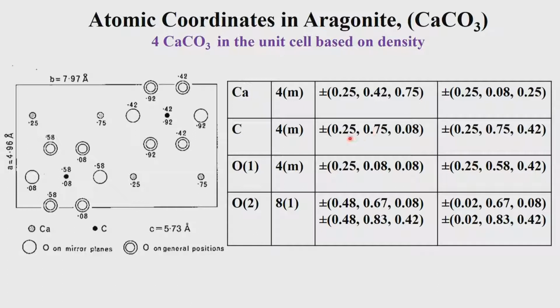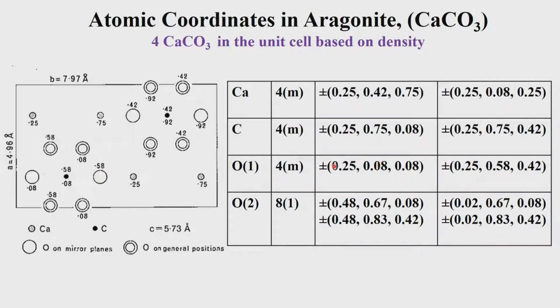So, we therefore see here that the carbon atom also occupies the mirror symmetry 4 equivalent points, that is plus minus 0.25, plus 0.75 and plus 0.08. That means that the carbon atoms which are shown here appear at 0.08 and 0.58 respectively, because this half minus z or half plus z will account for the value of 0.58.